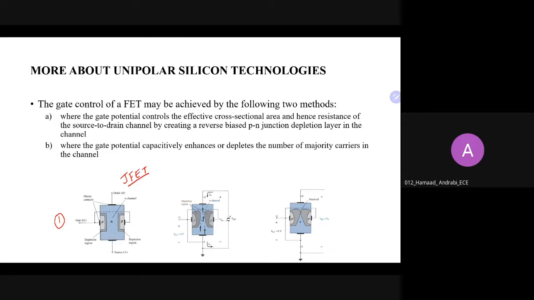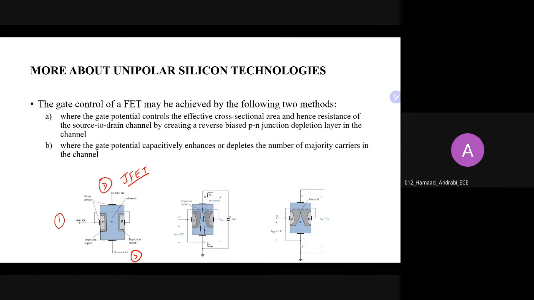You can observe from this diagram, you have the drain and then the source, which are made up of N-type semiconductor. There is no P-type semiconductor between source and drain, but sideways you have P-type diffusion. You have a P-type semiconductor part in this device.